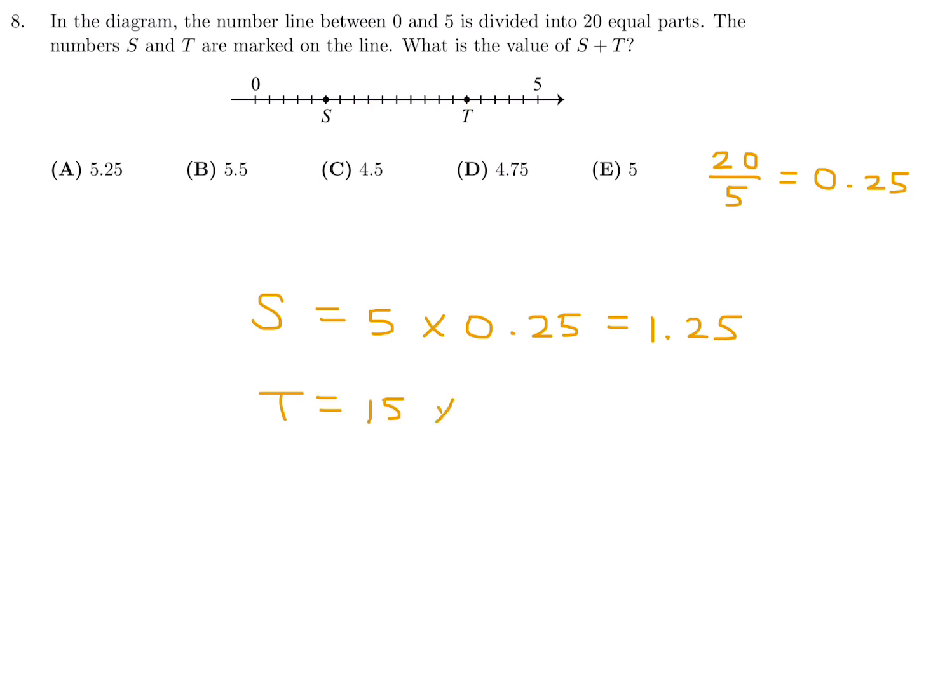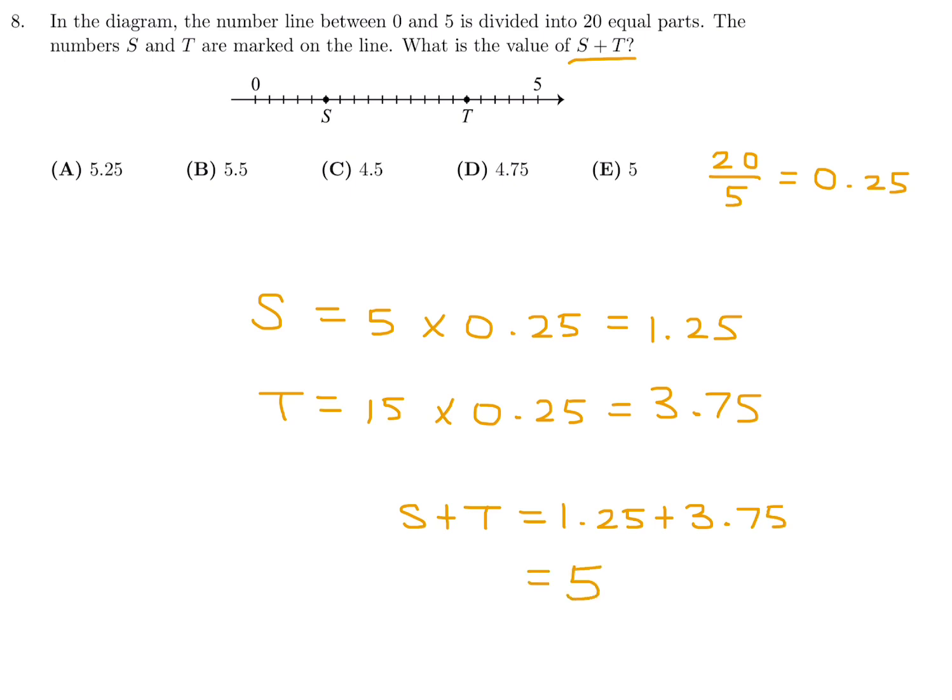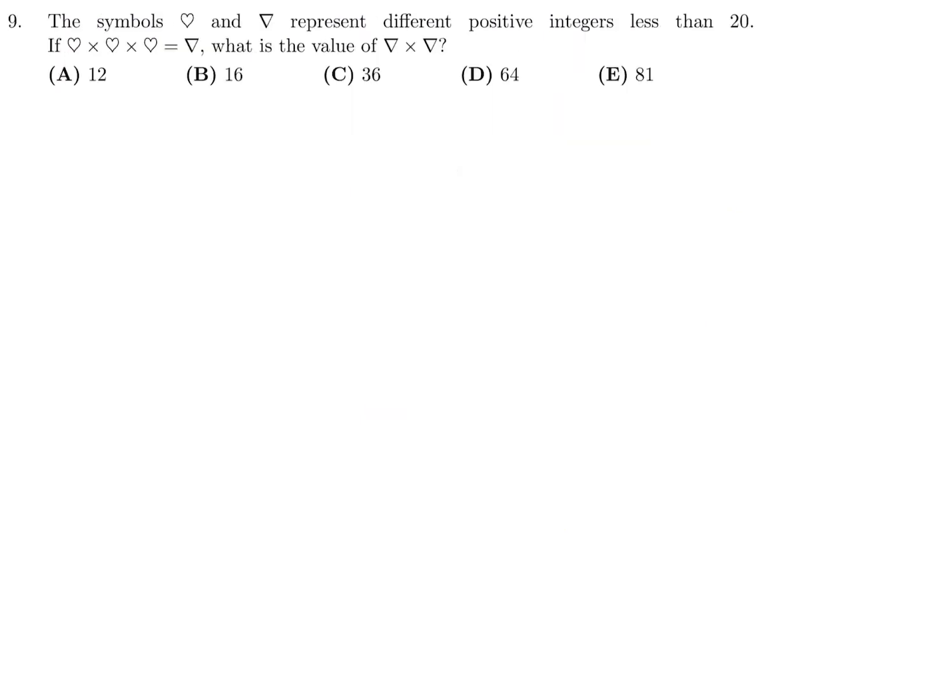So 15 times 0.25 is the value for T, and that is 3.75. So what do they want? S plus T. Well, S plus T is 1.25 plus 3.75, which is equal to 5. So number 8, the answer is E.